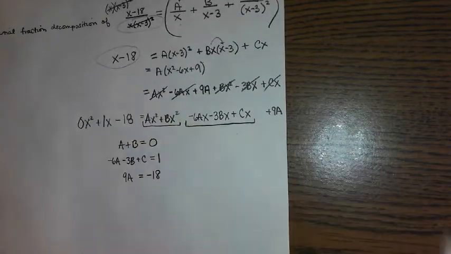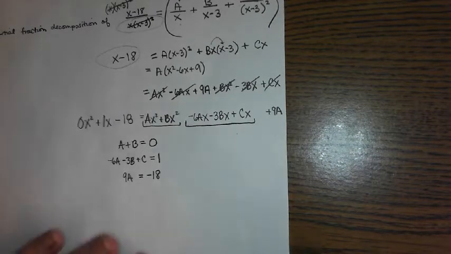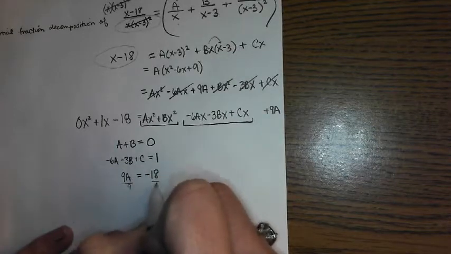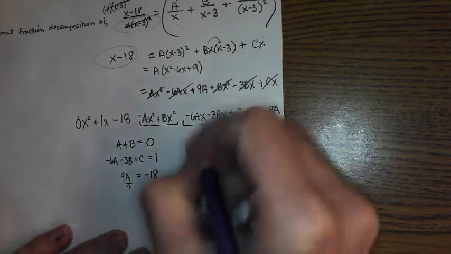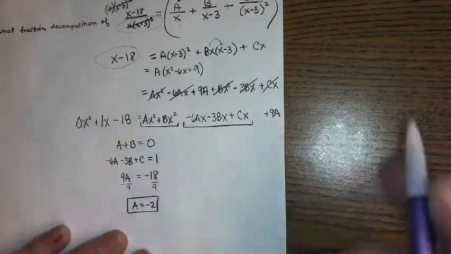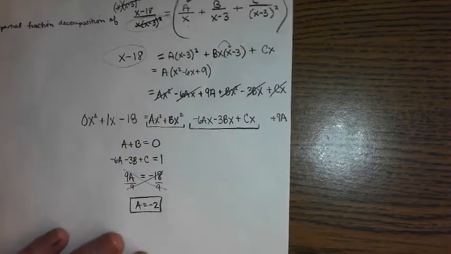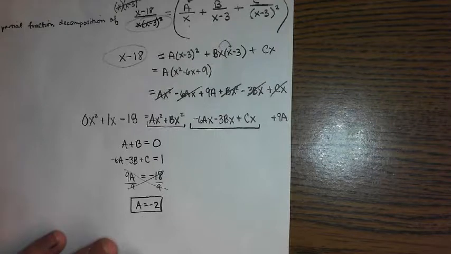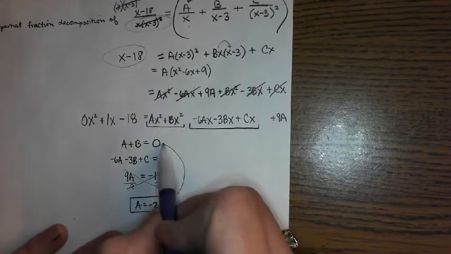So, obviously not a traditional 3-variable system. It's much easier than that because immediately the first variable we should find the value for is a. Take this, divide by 9, your a is negative 2. Once you know a, and you've used that equation, which one should you go back and find? b.